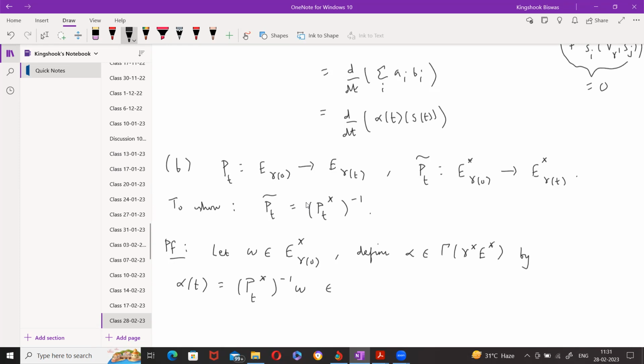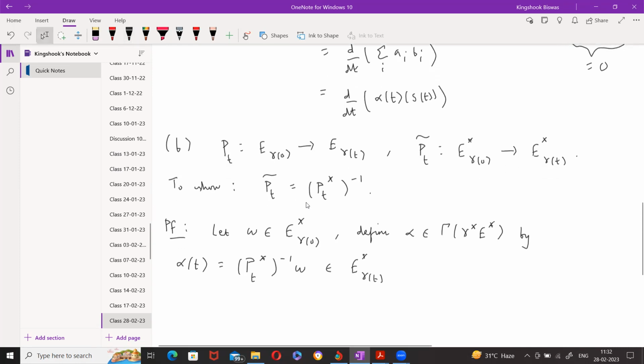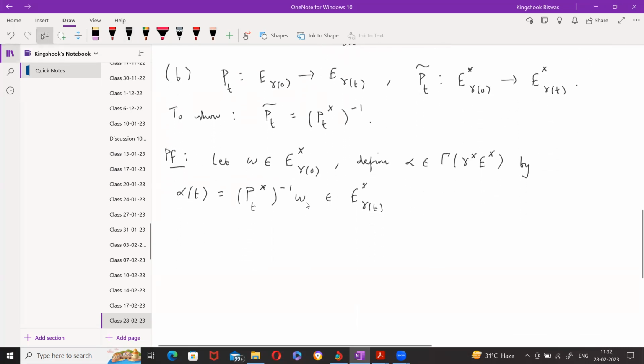So this will be in the fiber at gamma T of E star. So enough to show that alpha is parallel, right? Enough to show that d tilde alpha dt is identically 0, right?